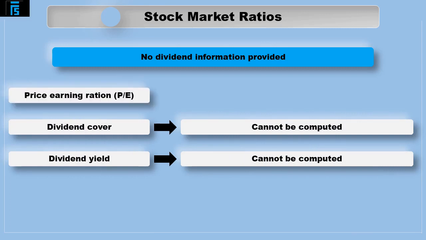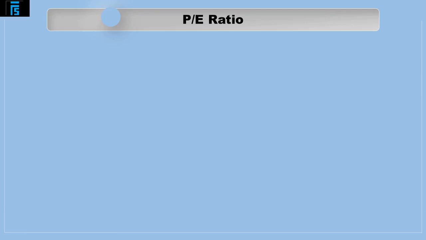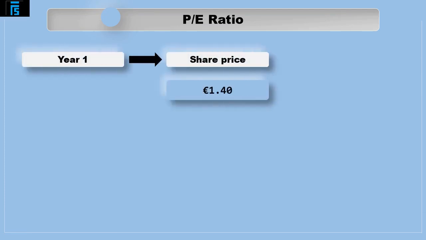To do so, we need information on the number of shares, which equals 1,000, and the relevant share prices. Let's assume that these stood at €1.40 and €2.25 at the end of year 1 and year 2 respectively. So the P/E ratio for the first year is computed by taking the share price of €1.4 and dividing it by the profit achieved for the year on a per share basis.